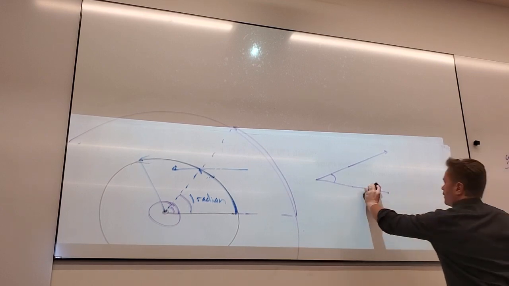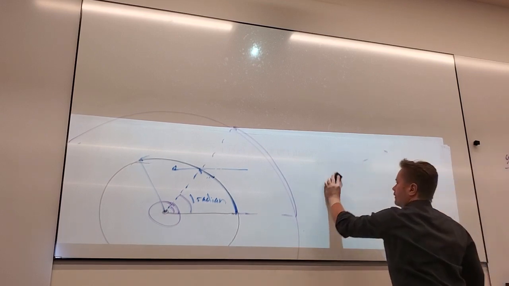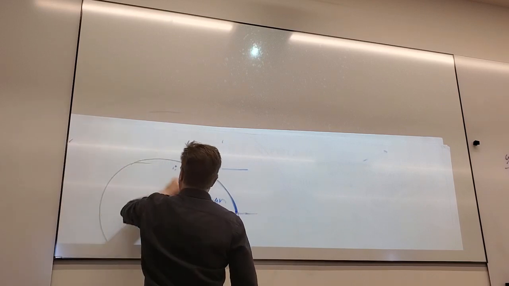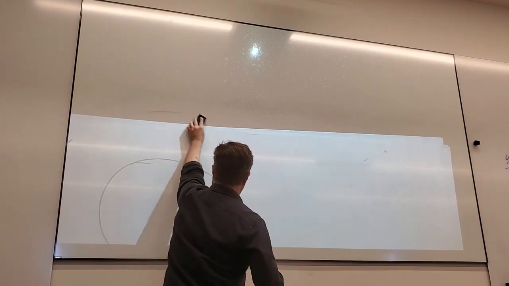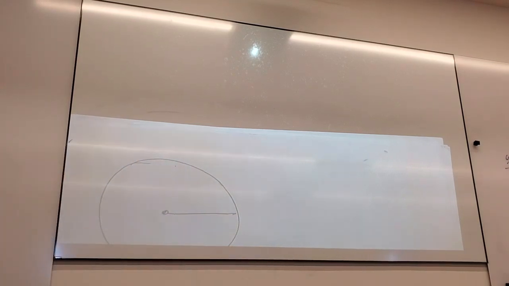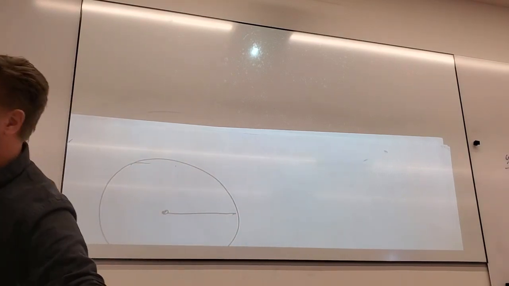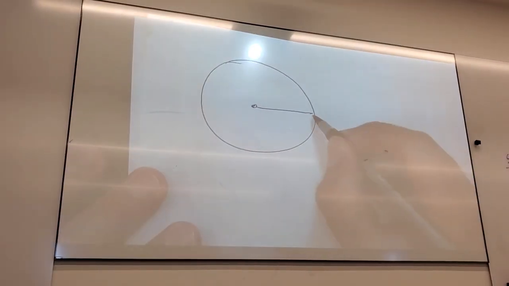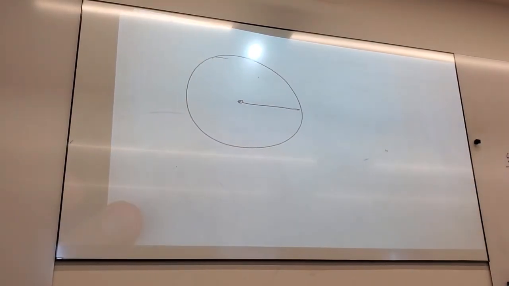Now, with this said, how many total radians are in a complete circle then? 2 pi. Yeah. Just coming back to my little circle here.